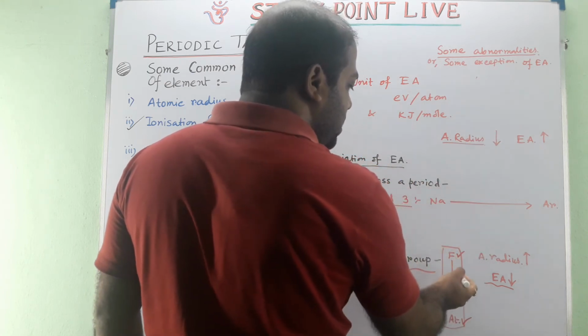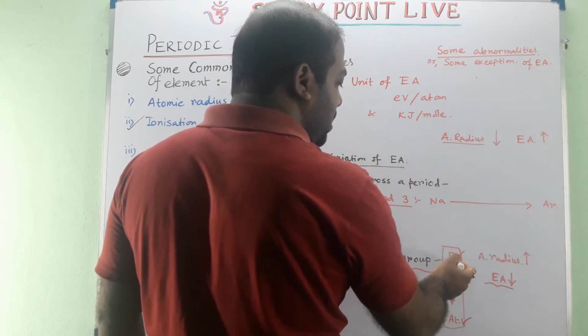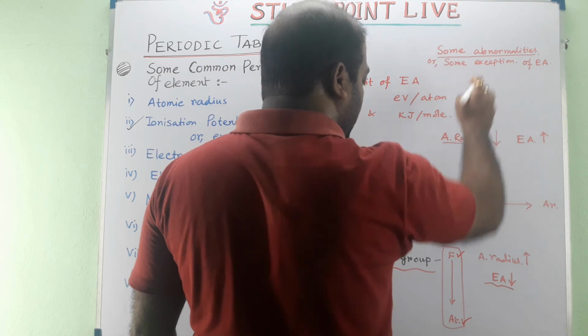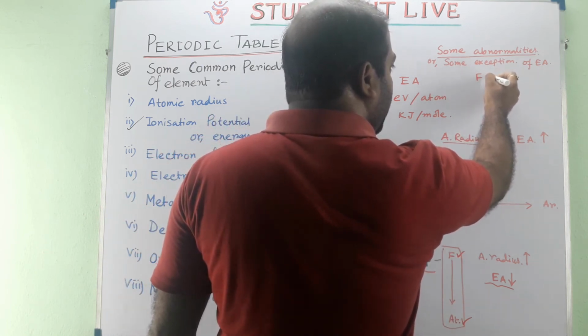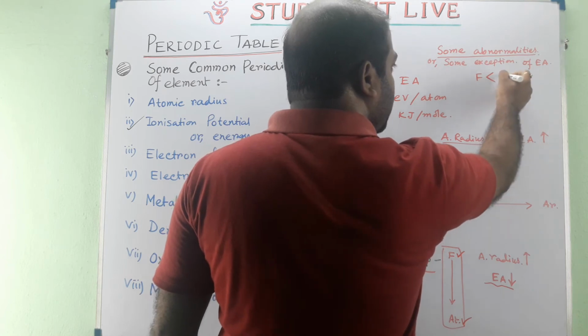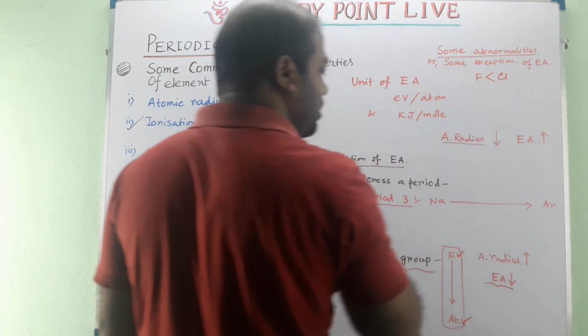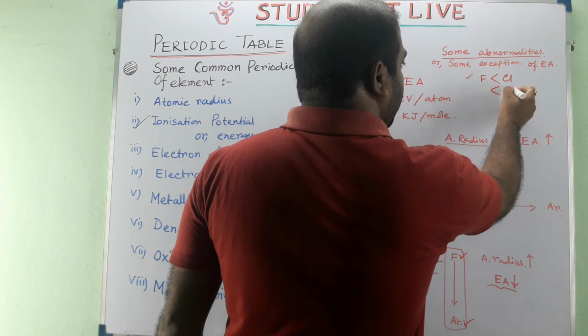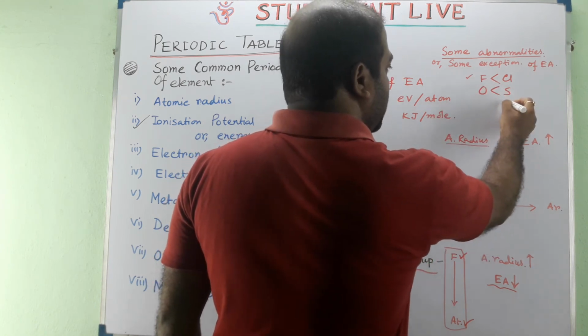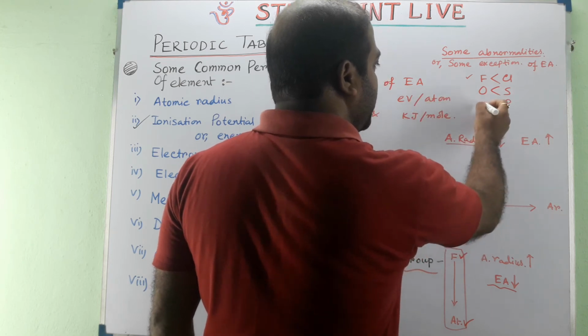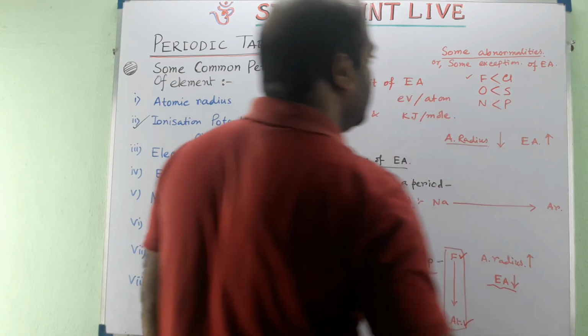Though chlorine is after fluorine along a group, fluorine has lower electron affinity than chlorine. Similarly, sulfur has greater electron affinity than oxygen, and phosphorus has greater electron affinity than nitrogen.